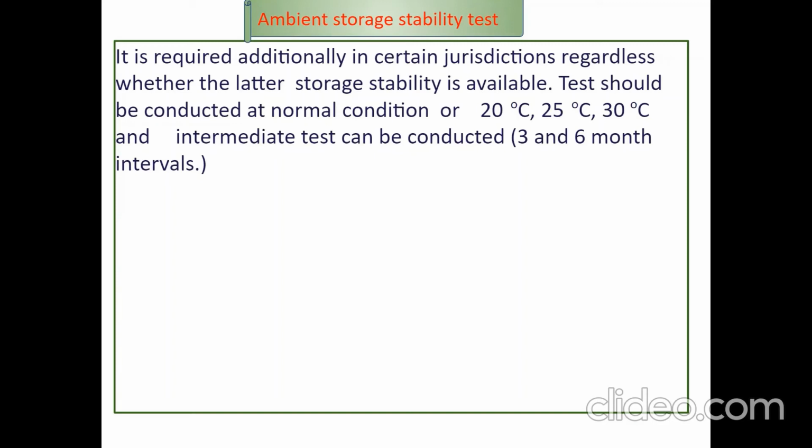An intermediate test can be conducted at 3 and 6 months intervals. So ambient testing is also known as the 2-year storage stability test, conducted at normal conditions or at different temperatures like 20, 25 or 30 degrees Celsius.